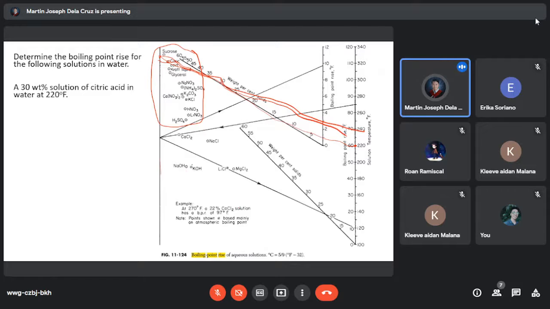May big siyang boiling point rise. So ito naman yung gagamitin natin. We'll have an example. So ito muna, class, ang gagawin niya. So, anong nakuha niyong boiling point rise, class? So, dito dapat siya, dito kayo mag-determine kung saan. Dito sa vertical na to. Since you have small boiling point rise dito. So, ano pong nakuha niyo?